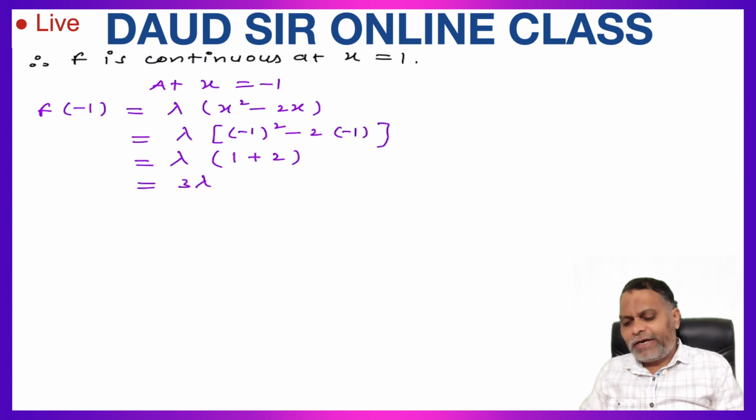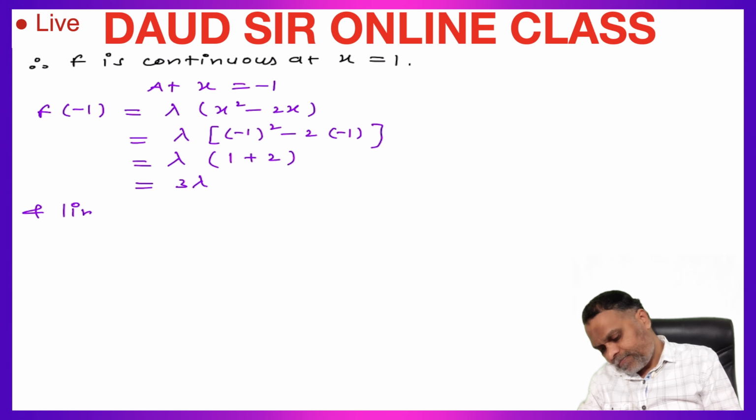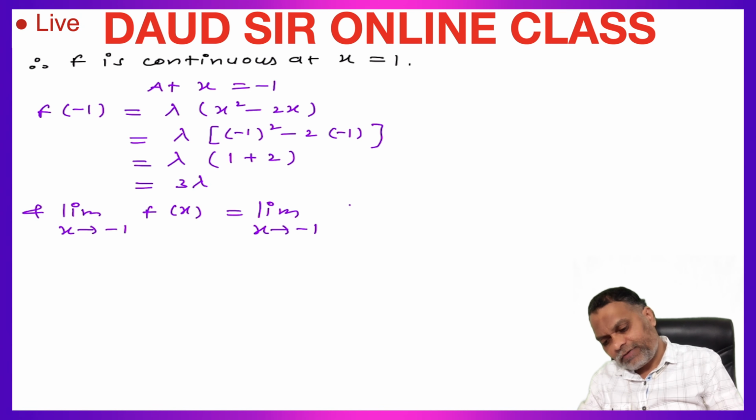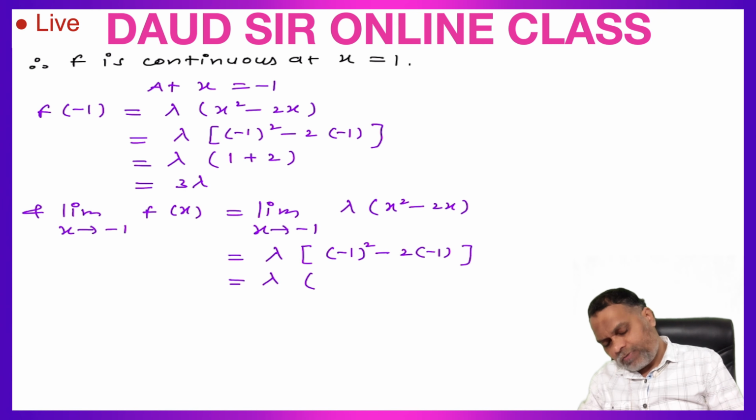And here there is only one point at x is equal to minus 1, so direct limit: limit x tends to minus 1, f of x is equal to limit x tends to minus 1, taking the same function, lambda into x square minus 2x. Substitute x is equal to minus 1: lambda into 1 plus 2, which is equal to 3 lambda.